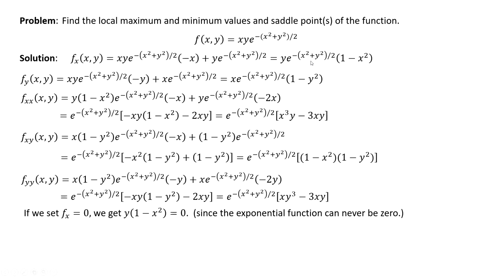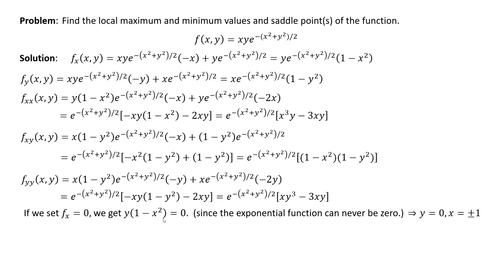Well, that never is going to be 0. Exponential function is never 0, right? So if the product of these three things is equal to 0, then since that cannot be 0, y times (1 minus x squared) must be the one that is equal to 0. And that's exactly what I'm saying here.